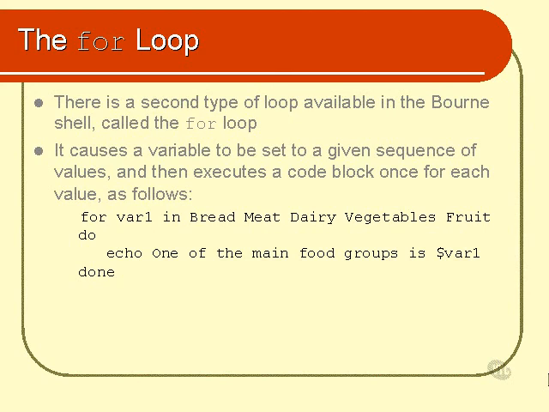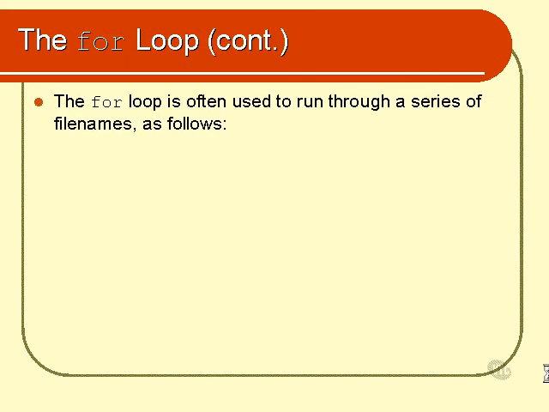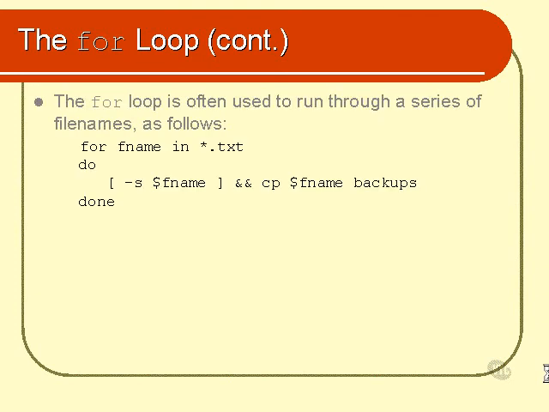I'll show you one very common use of the for loop. It's actually often used to run through a series of file names. And the reason for that is you can actually use wildcards to specify the different values that the variable might take. In this example that I'm showing you, I'm using the asterisk.